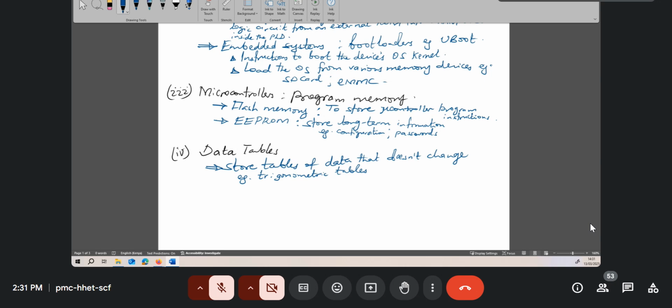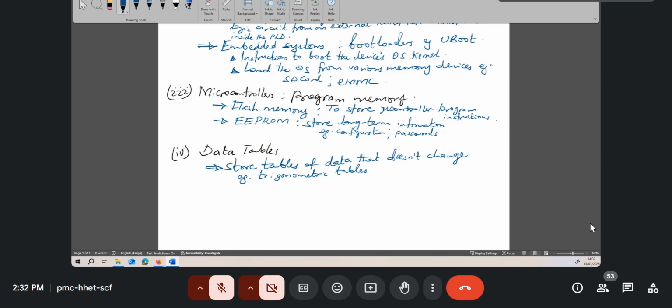If I'm keying in the sine of 30 degrees or the cosine of 65, we don't need CPU time for that, because we can store the results in tabular form, and therefore it's just a matter of reading off that value, instead of doing some mathematical or arithmetic operations.